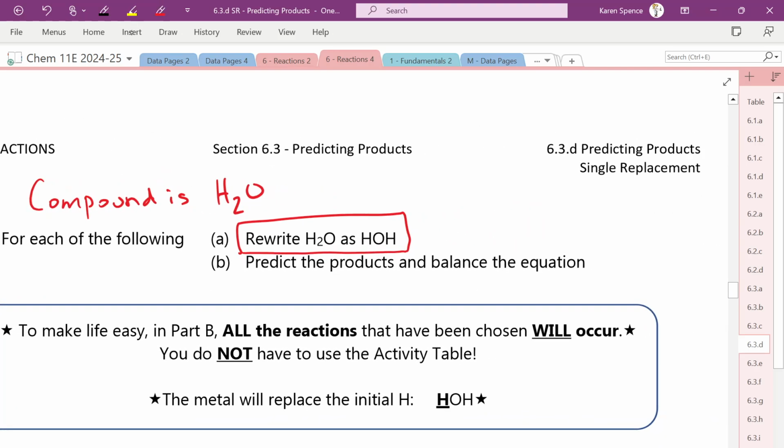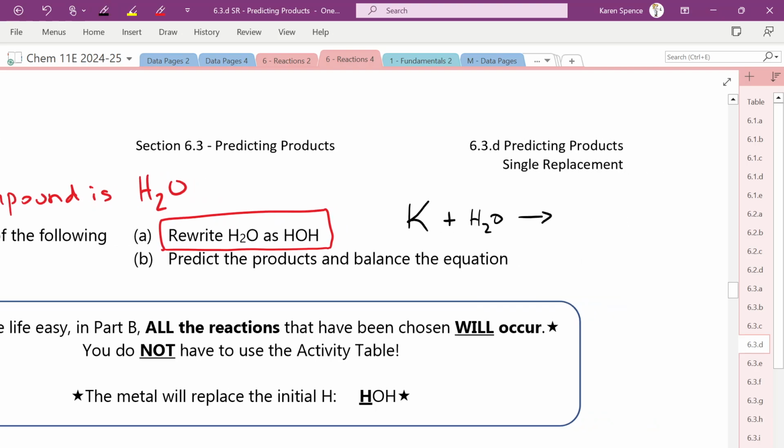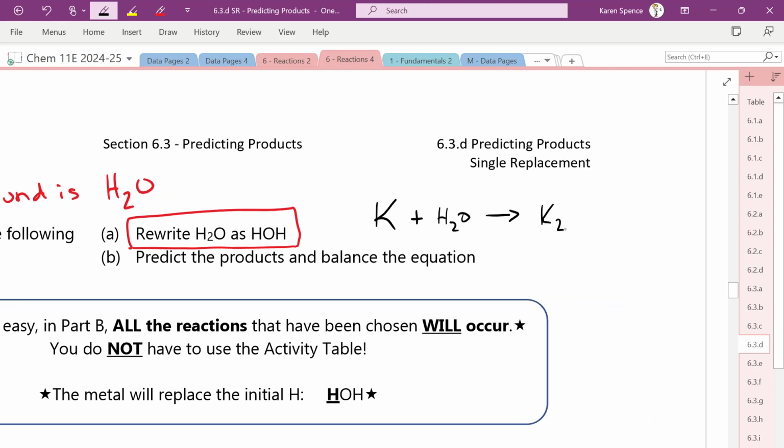Because then what you can do is you can say, okay, I have K plus, instead of H2O, and if I do that, then I end up with K2O plus H2, and that is not what happens. That's not what you get.